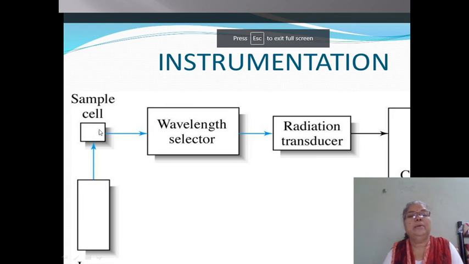Then the scattered light is determined here with the wavelength selector. Then here it is a radiation transducer, and here it is a frequency measurement unit, and it measures whether the scattered light is with Stokes or anti-Stokes or Rayleigh lines.